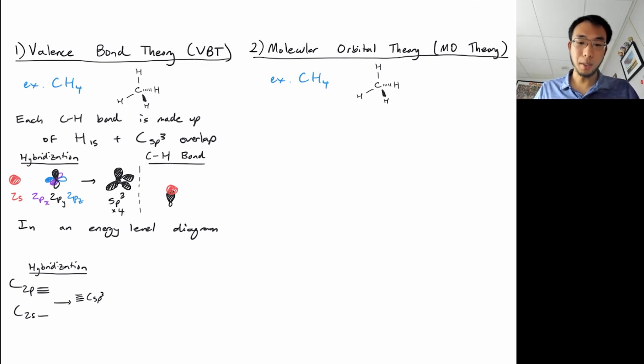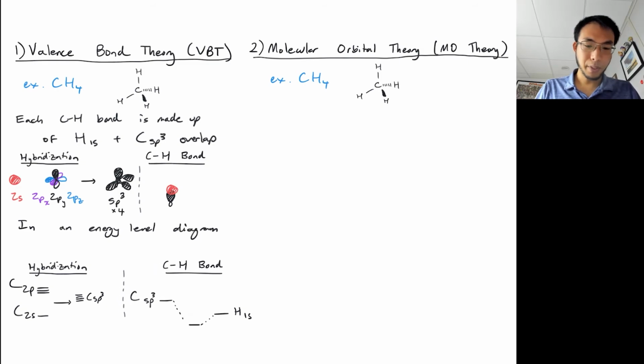So once the carbon is hybridized, we again go to make our CH bonds one at a time. What we're doing then is taking a carbon sp3 at a certain energy level and a hydrogen 1s orbital at a certain energy level. It turns out it's a little bit lower than the sp3 level. They mix together to get a lower in energy bond orbital.